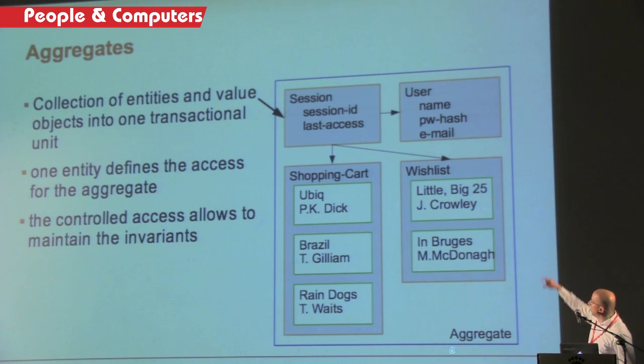So you have one aggregate, and in that aggregate an entity for the session, an entity for the user with his name and password hash, an entity for the shopping cart, and another one for the wish list.